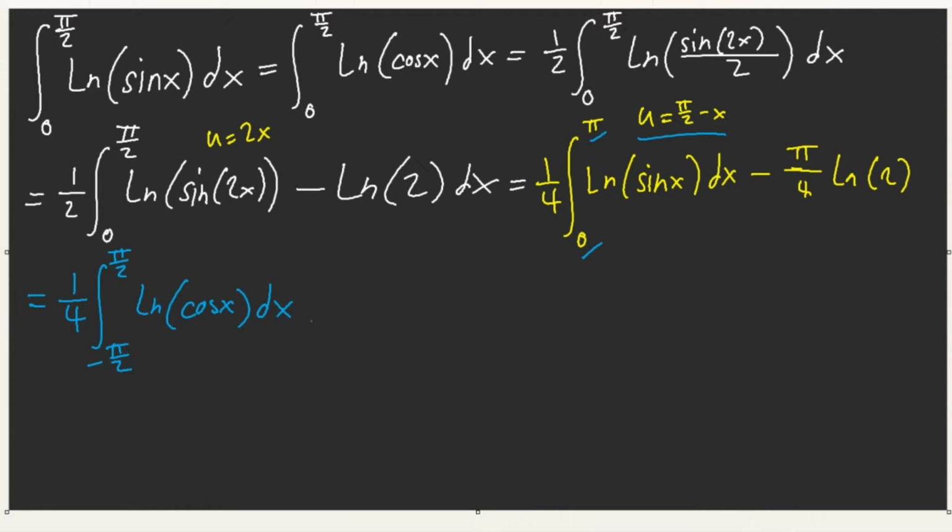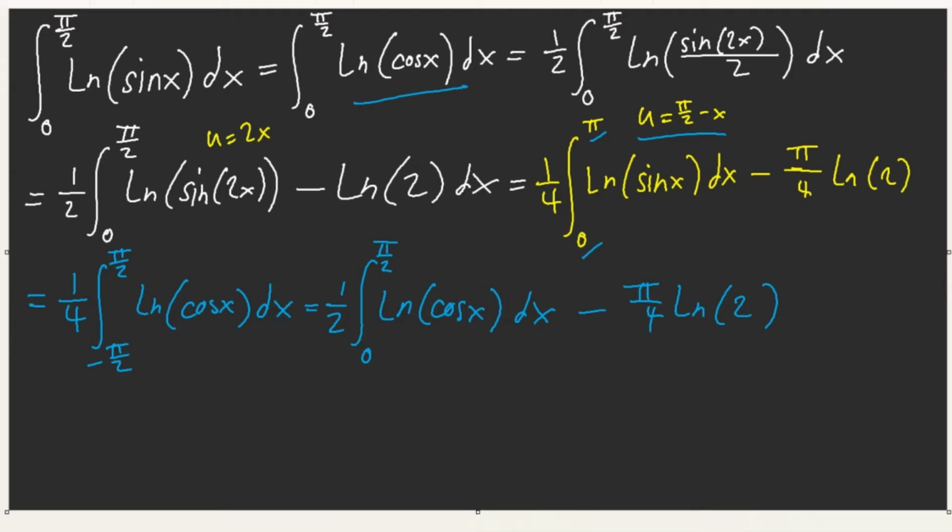What we have here is equal to 1/2, 0 to pi over 2 of ln of cosine of x dx. Wait a minute, look, that's literally what we have here, except that we have this equal to this minus pi over 4 ln of 2.